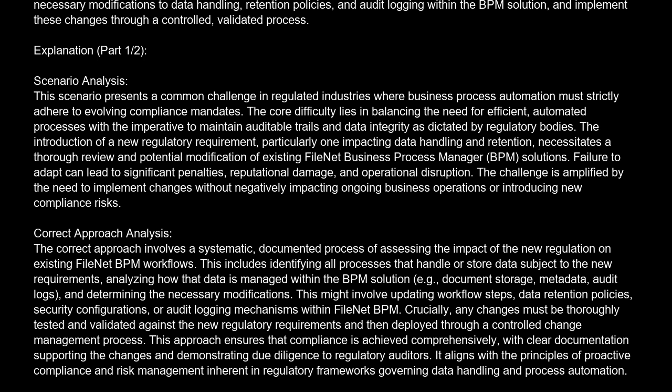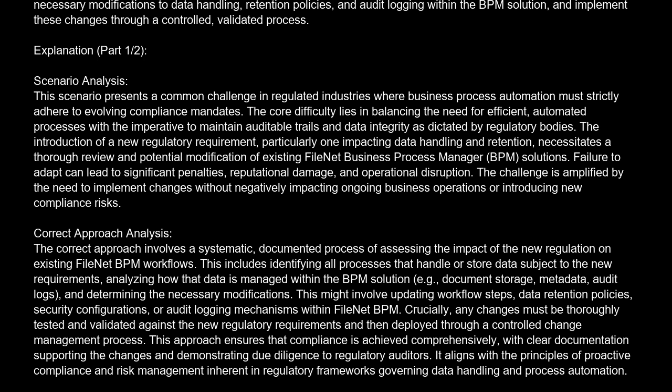The introduction of a new regulatory requirement, particularly one impacting data handling and retention, necessitates a thorough review and potential modification of existing FileNet Business Process Manager (BPM) solutions. Failure to adapt can lead to significant penalties, reputational damage, and operational disruption.